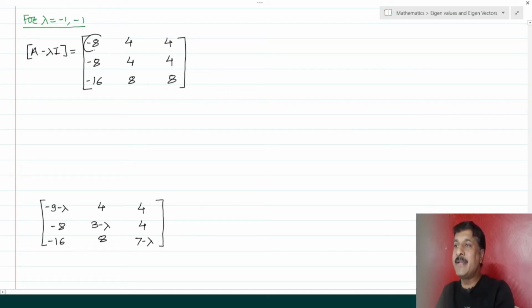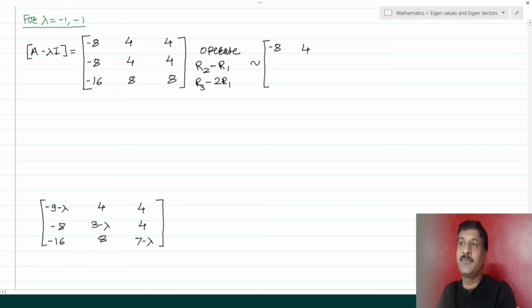So minus 8 and minus 16, these are multiples, so we need not obtain 1 there. So operate R2 minus R1 and R3 minus 2 times R1. So the equivalent matrix is now minus 8, 4, 4, 0, 0, 0, and here also 0, 0, 0.